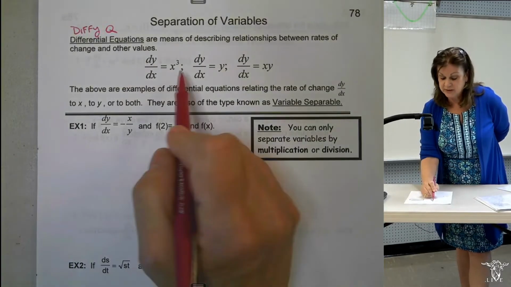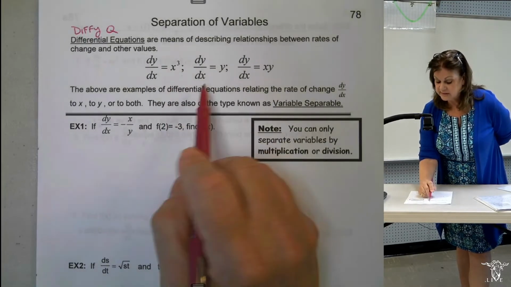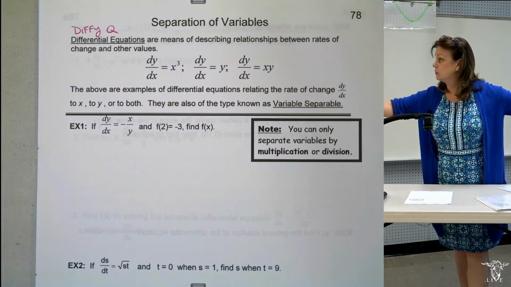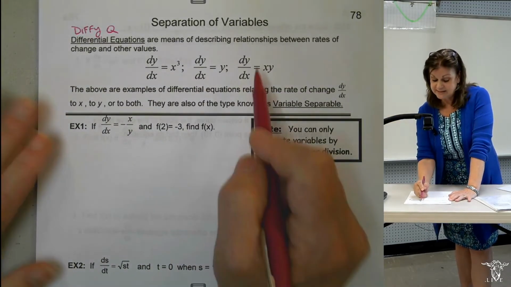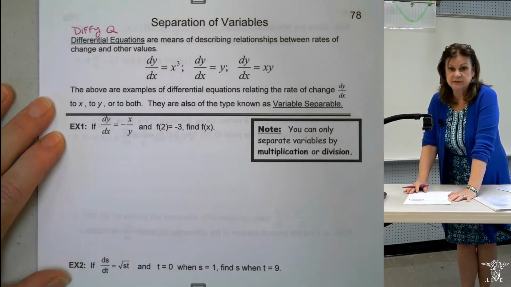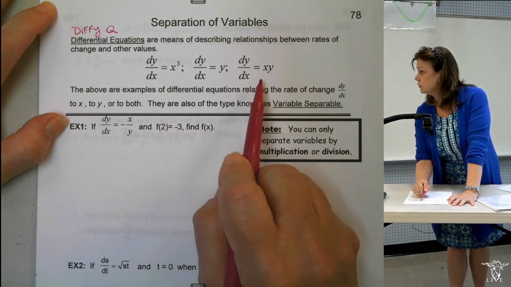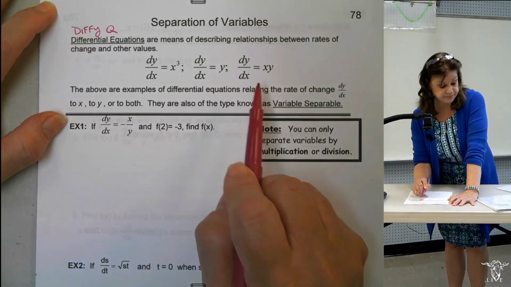It's dependent only on the x value. If I'm looking at dy dx is y, horizontal, dependent on the y value only. Dy dx is xy, well, that's a different situation. Now you're going to have a combination. So there's no set rule when you have both variables involved.